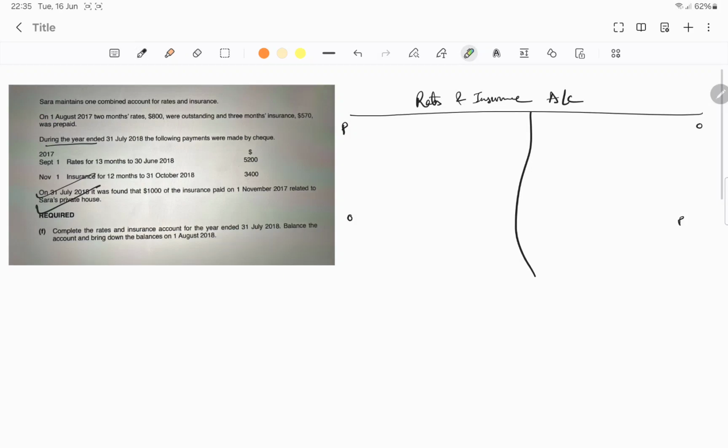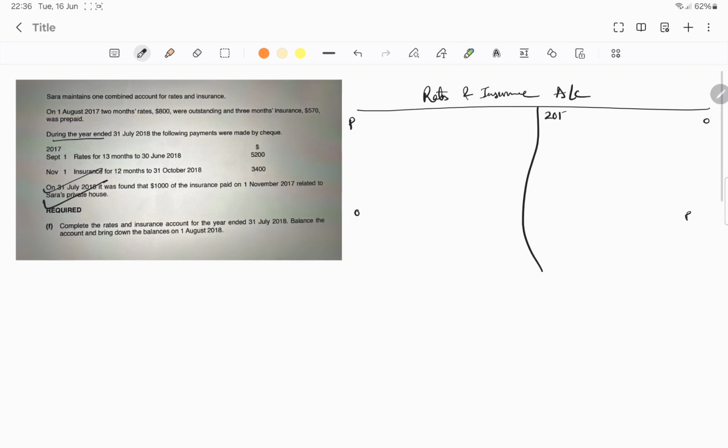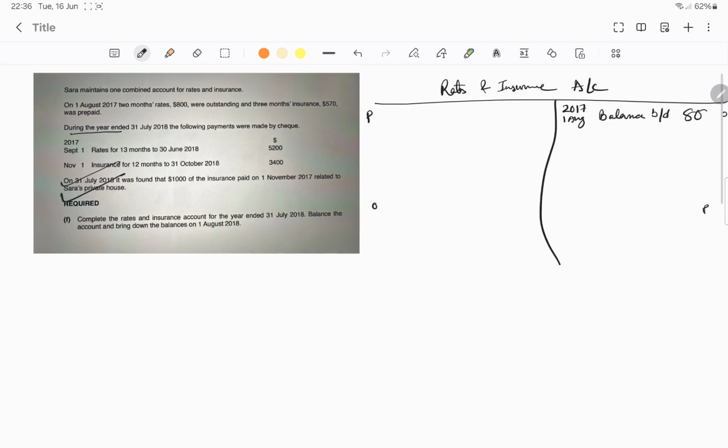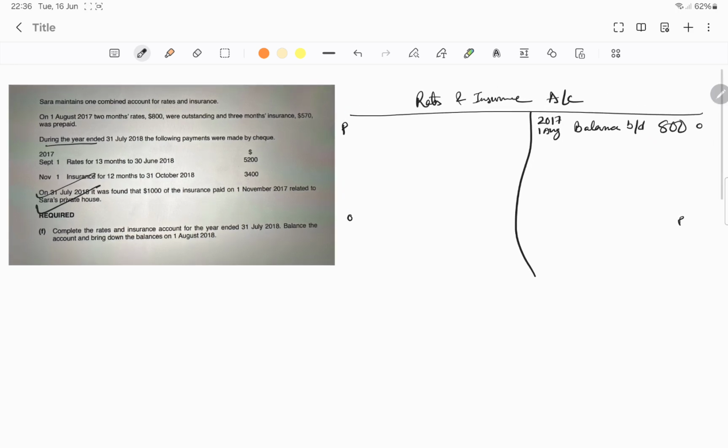Now read the question. On 1 August 2017, 2 months rates of $800 were outstanding. Outstanding means it was owing. So on 1 August 2017, we write down balance brought down, the amount is $800, and this belongs to rates.